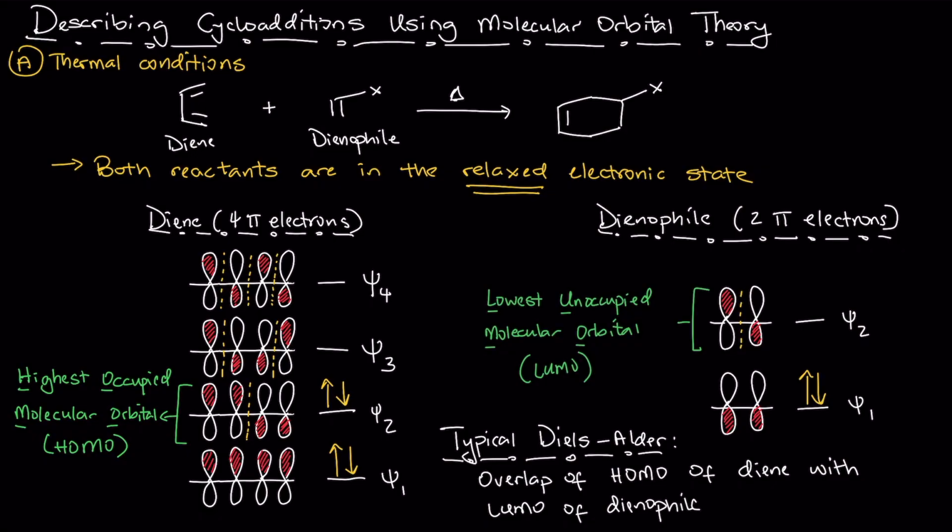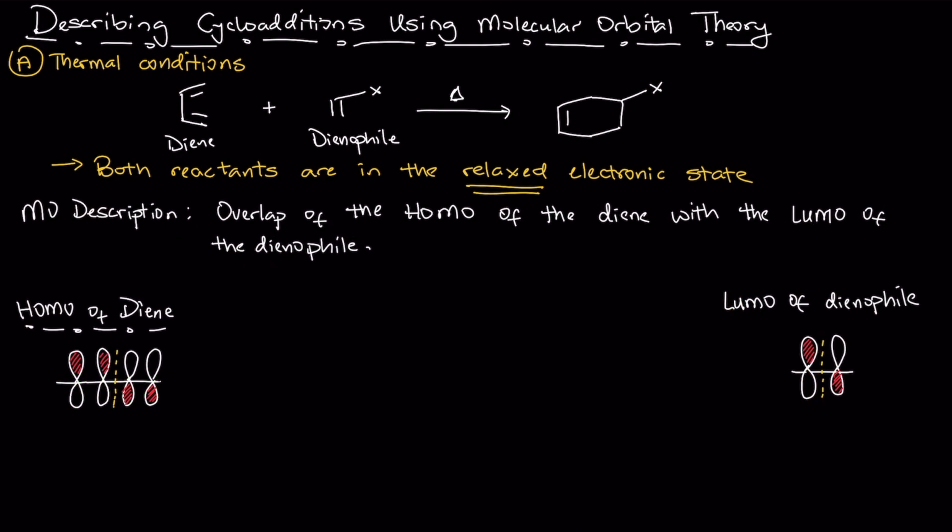So what we should be looking at here is the HOMO of the diene, which is psi 2 in this case, and the LUMO of the dienophile, which is also psi 2. We're just going to focus now on the HOMO of the diene, which I pictured on the left, and the LUMO of the dienophile, which I pictured on the right.